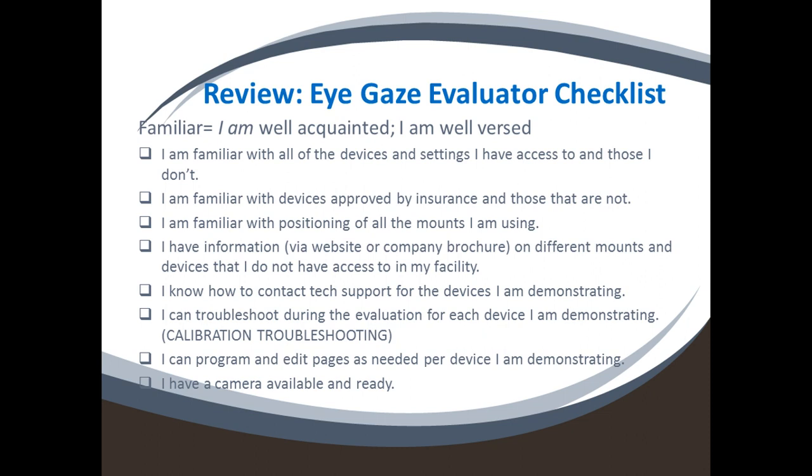You need to know how to program and edit pages for the device that you're demonstrating, and have a camera ready and available to videotape, or use some of those programs that we talked about during the first session that actually have a built-in recording feature so that you can record what the person is looking at.